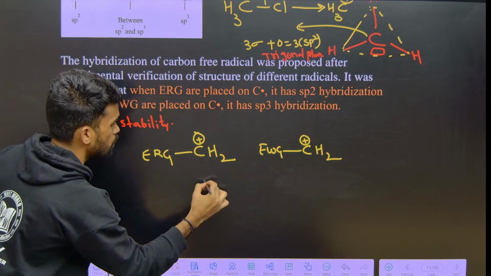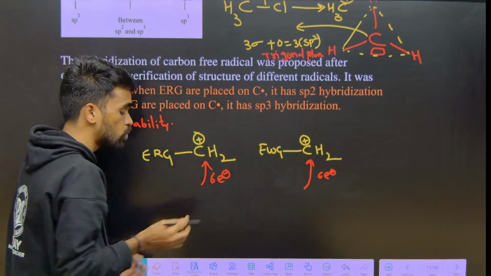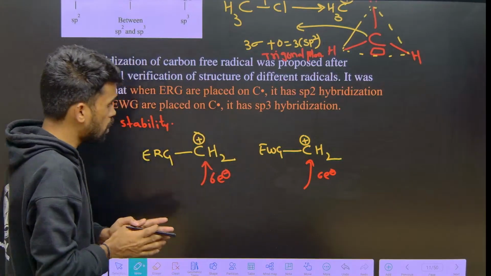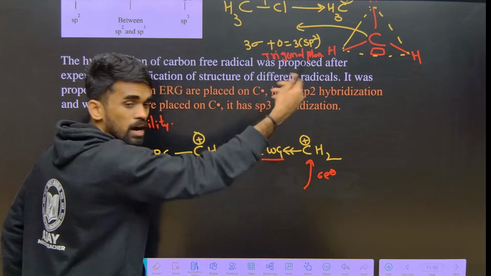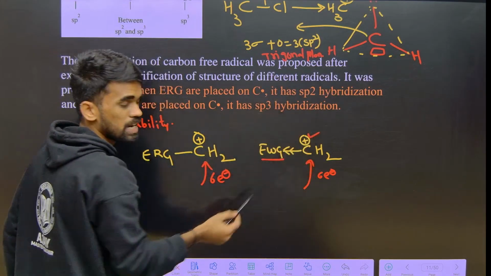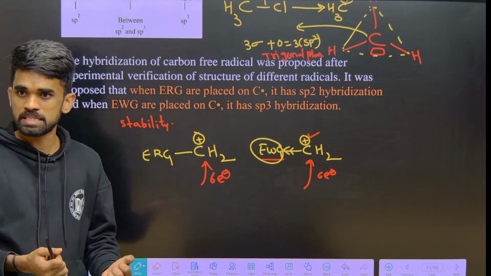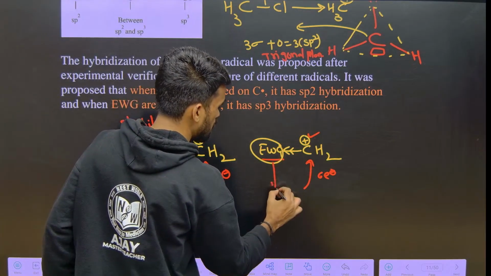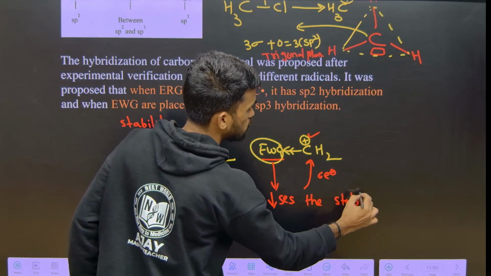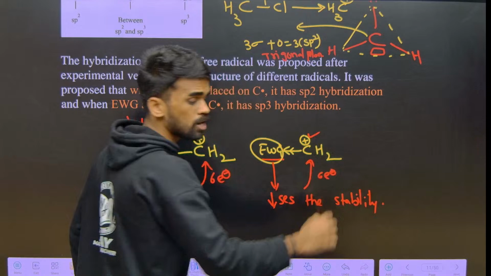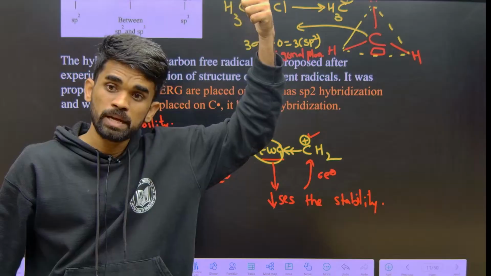These carbocation carbons have only 6 electrons and are looking for someone to donate electrons. The electron withdrawing group withdraws electrons from others. Already this is electron deficient, and again it is withdrawing electrons, so it becomes further destabilized. Electron withdrawing groups decrease the stability of carbocations, whereas electron withdrawing groups increase the stability of carbanions, as in the previous case.